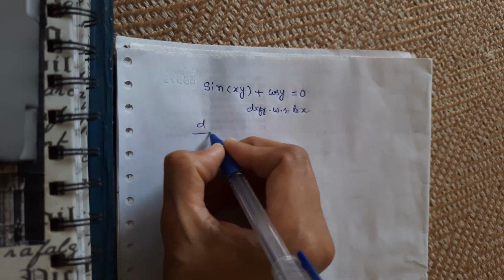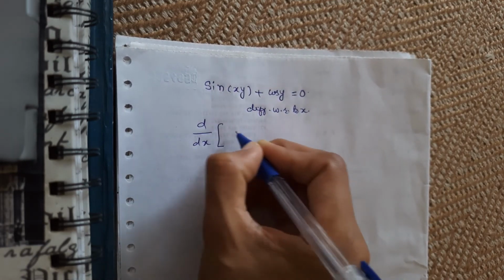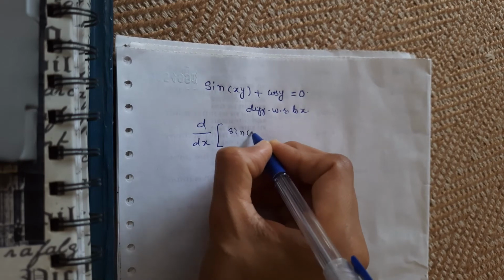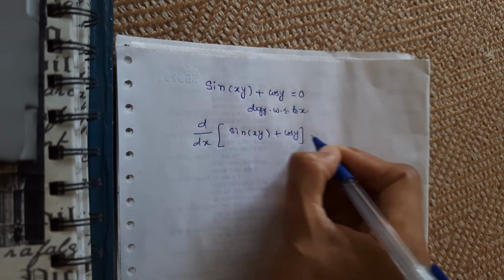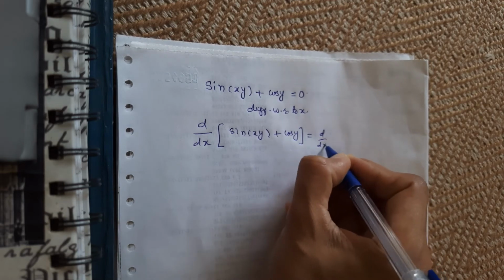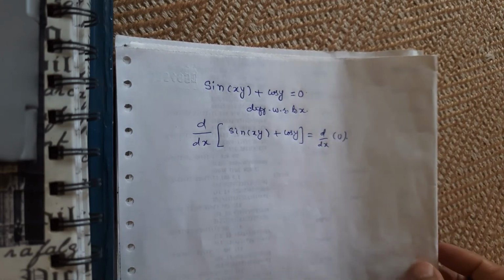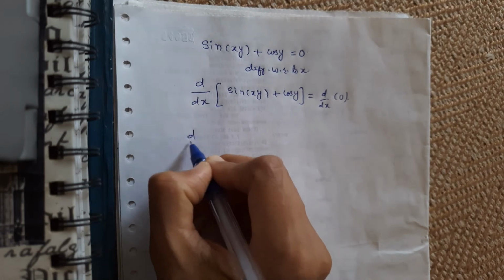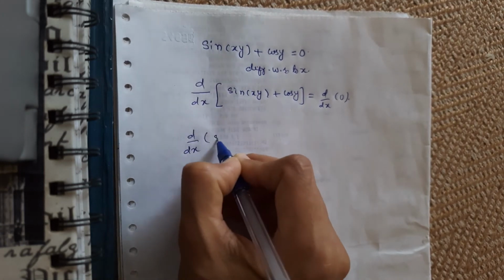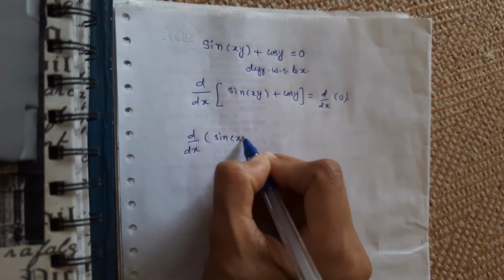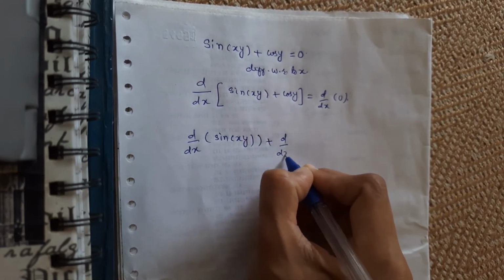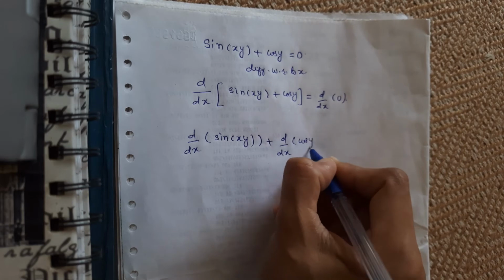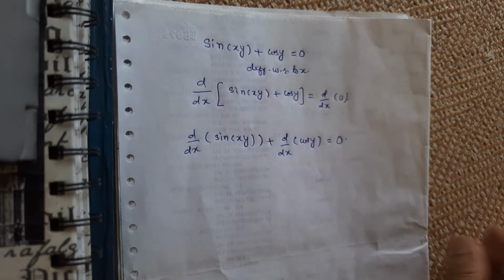I'll get d/dx of sin(xy) + cos y equal to d/dx of 0. So now d/dx of sin(xy) plus d/dx of cos y equal to 0.